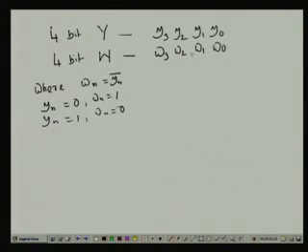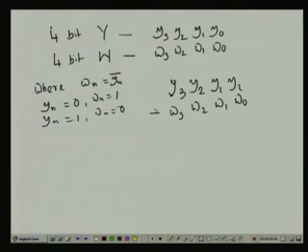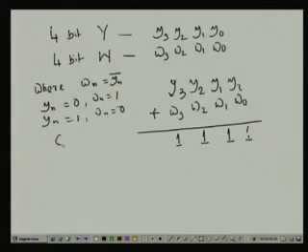So, now if I take the addition of these two, y3, y2, y1, y0, and then w3, w2, w1, w0, as they are complemented, I will always get all 1, because these are always complemented, as 0 plus 1 is 1.